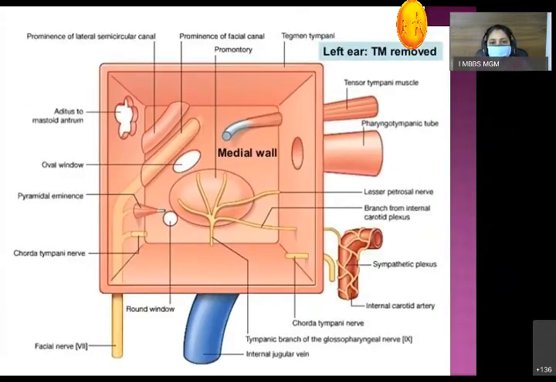So in this figure we can see the posterior wall of the tympanic cavity. Here you can see the auditus. This is the auditus for the mastoid antrum. This is the tympanic cavity.